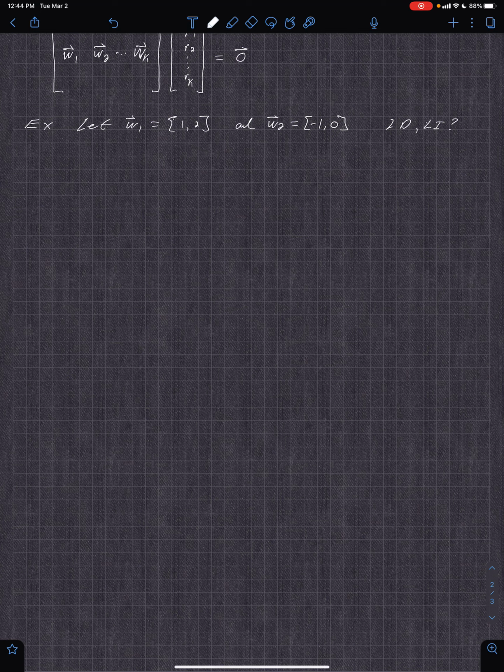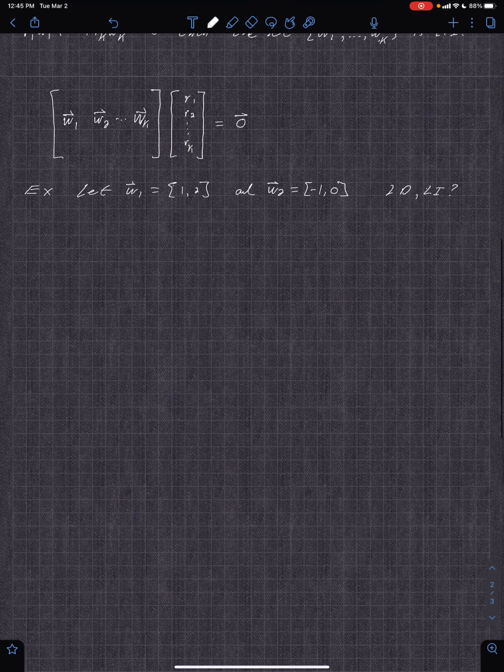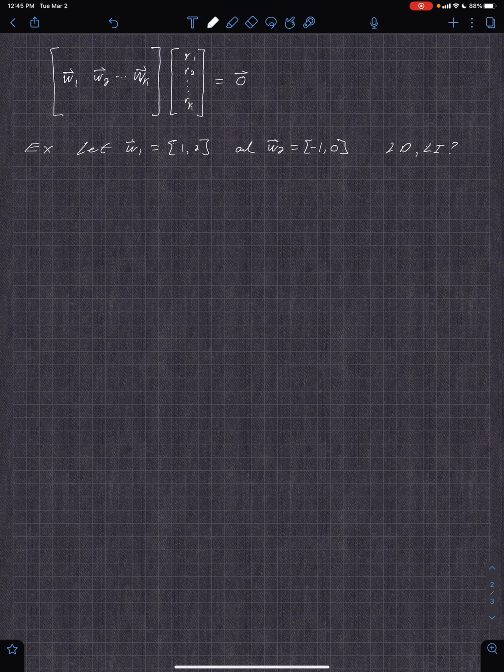Well, we know how to do this form now. This is the same thing as really spanning R2, but now we want to look at independence and dependence. So when you solve this, you put it in matrix form. So it's 1, 2, -1, 0, and then this is R1, R2, set equal to 0, 0.